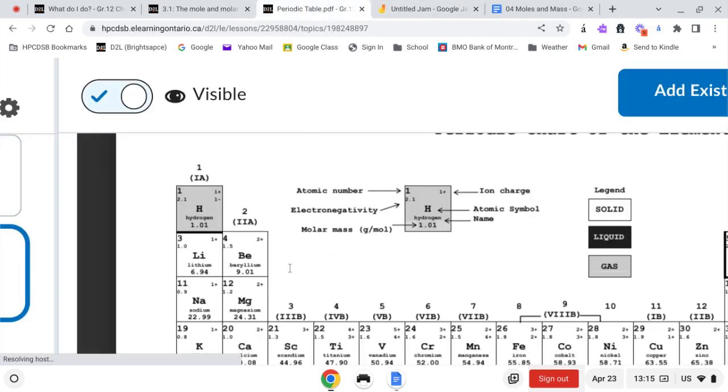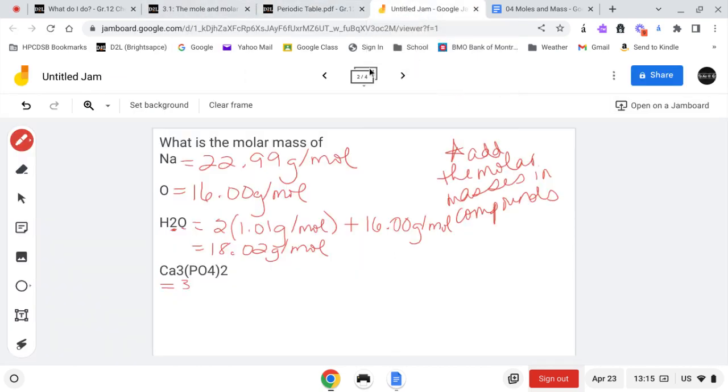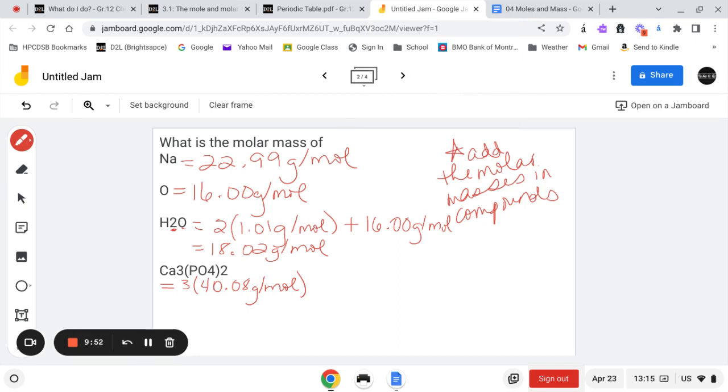So we got to go to the periodic table. Here's calcium right here, 40.08. Where am I here? Jamboard. So 3 times 40.08 grams per mole. And then I'm going to add on my phosphoruses. So I have 2 phosphorus, okay? Because there's a 2 outside of that bracket.